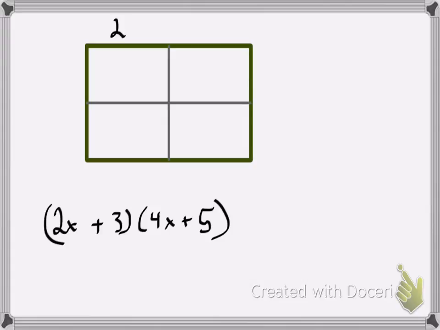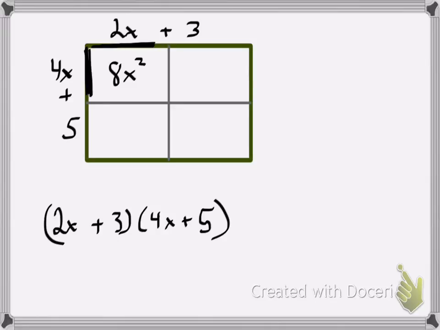So I have 2x plus 3, and we have 4x plus 5. And so really it's an area model. So I take the binomials and I kind of split them up. And so in this one, this measure is 2x. This measure is 2x here, and this is 4x. So altogether, when I multiply them to get the area, I get 8x squared.